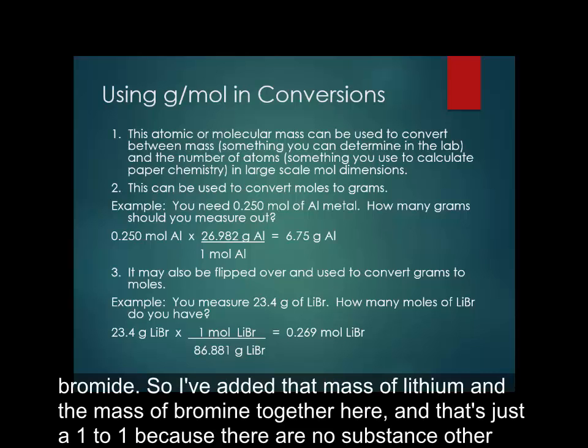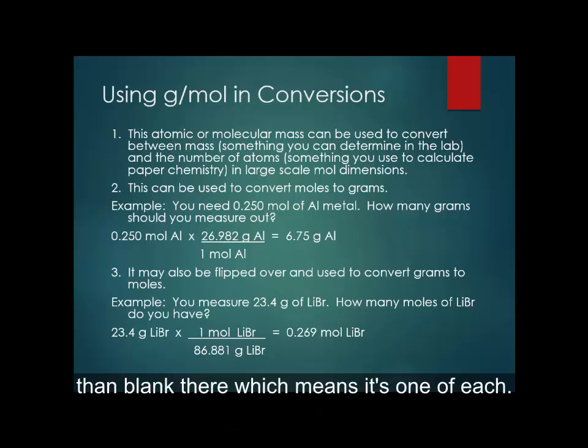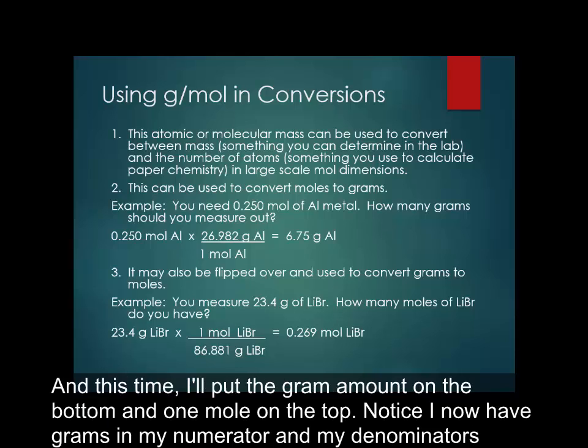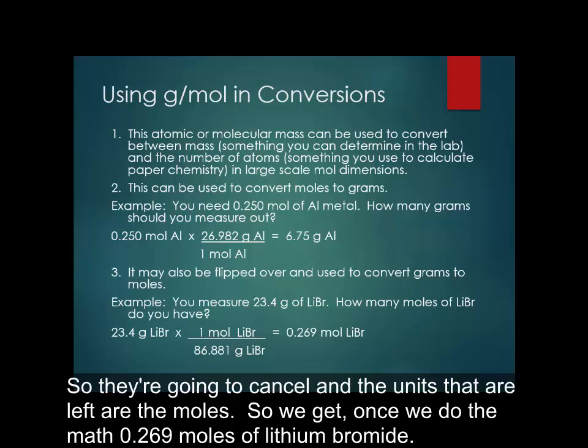So I've added the mass of lithium and the mass of bromine together here, and it's just a 1-to-1 because there are no subscripts other than blank there, which means there's one of each. And this time I'll put the gram amount on the bottom and 1 mole on the top. Notice I now have grams in my numerator and my denominator, so they're going to cancel, and the units that are left are moles. So we get, once we do the math, 0.269 moles of lithium bromide.